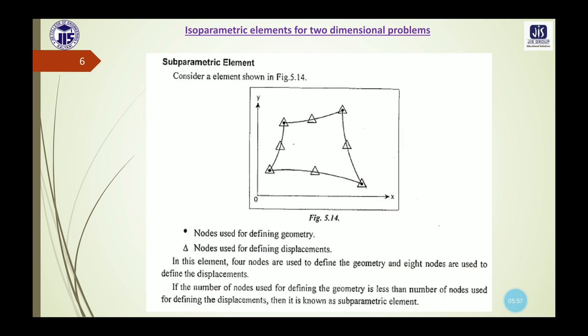Next, in case of the subparametric elements, here again we have considered in figure 5.14 one element, and the black dots are the nodes used for defining the geometry, and triangles are the nodes used for defining the displacements. Now in this element 4 nodes are used to define the geometry and 8 nodes are used to define the displacements.